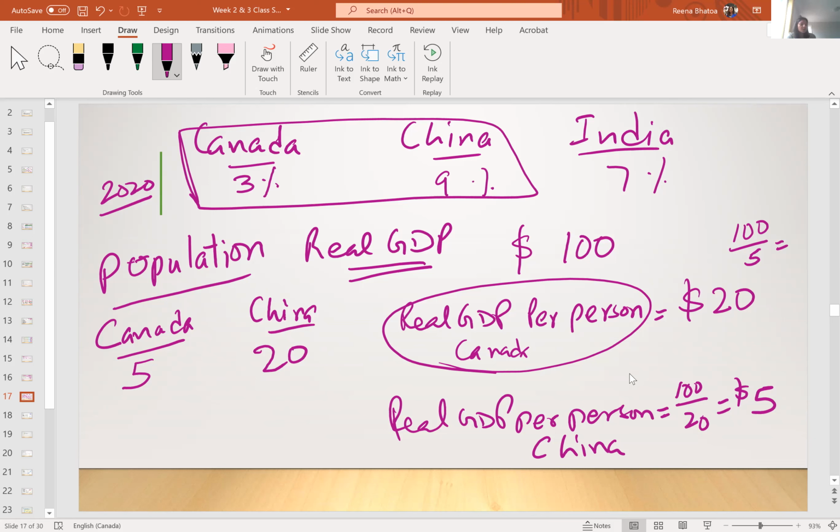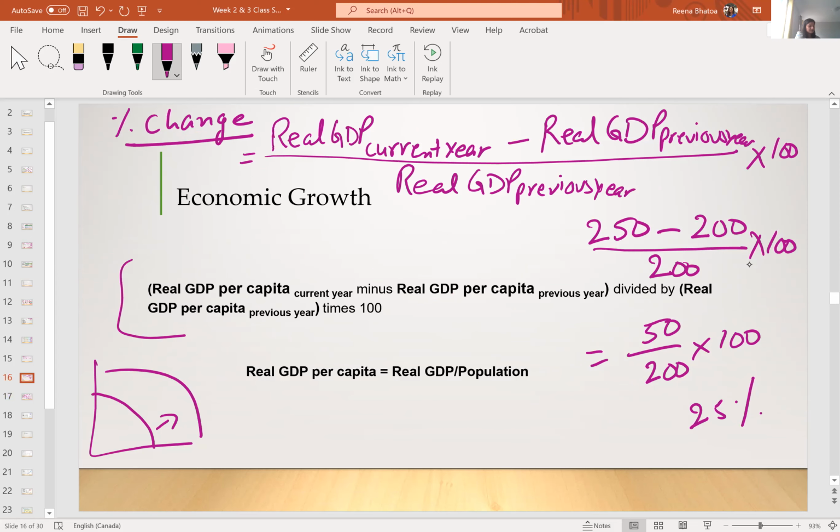The thing is, to make the comparison, to actually check the growth rate and the standard of living, we have a new concept that is called real GDP per person or real GDP per capita. Okay, and to calculate it, we do real GDP divided by population. Okay, I'm going back to the previous slide now. This is real GDP per capita calculation, which is real GDP divided by population.